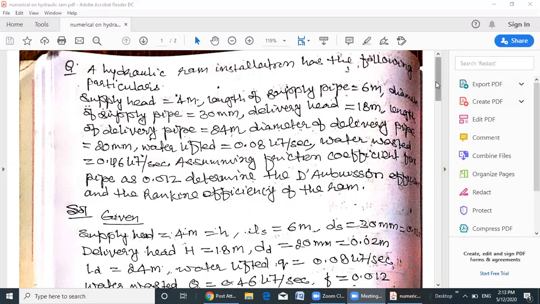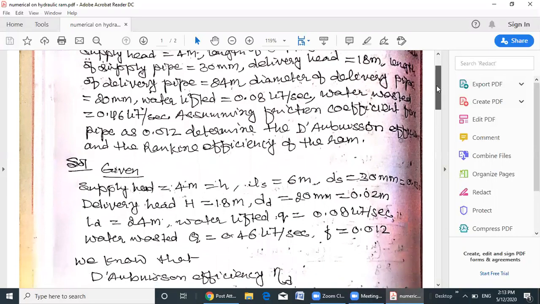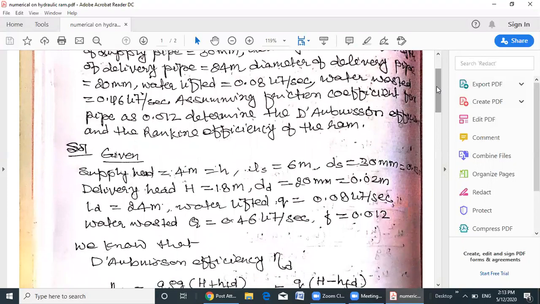So before solving this numerical, first we have to write the given data and what we have to calculate in this numerical, put in the question mark. As it is given in numerical, supply head is equal to 4 meter, which is denoted by small h.